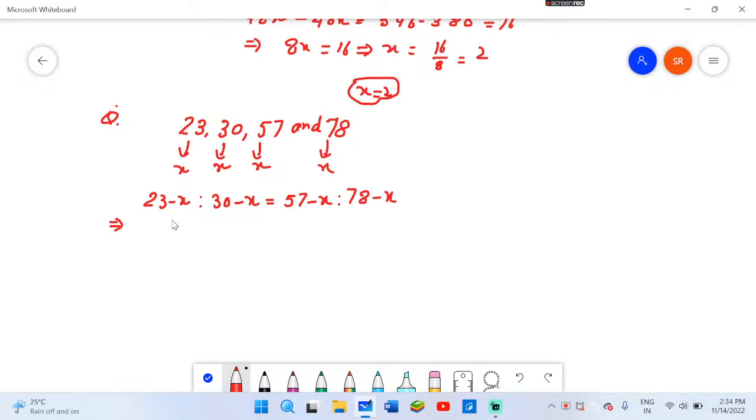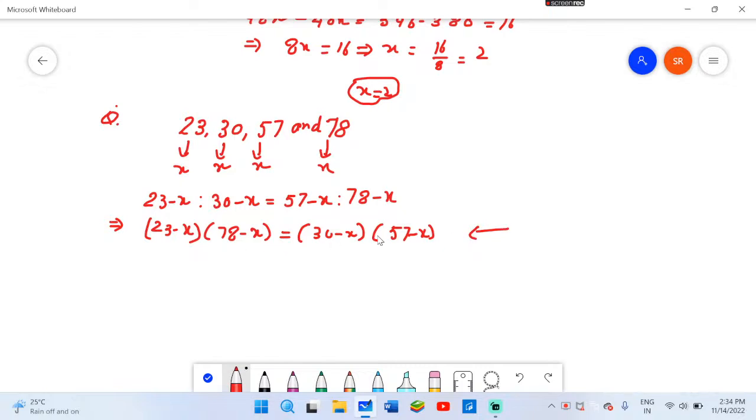Now we apply the same property, that is product of extremes: 23 minus x into 78 minus x is 30 minus x into 57 minus x. So we can multiply. I leave the remaining part for you to do.